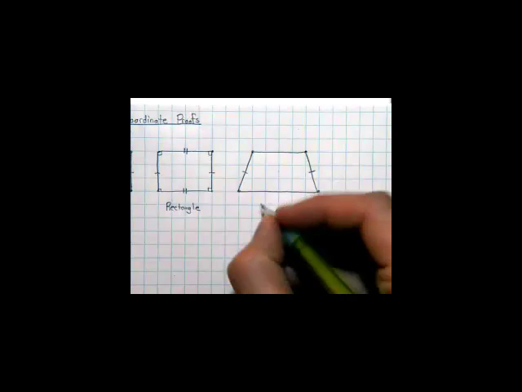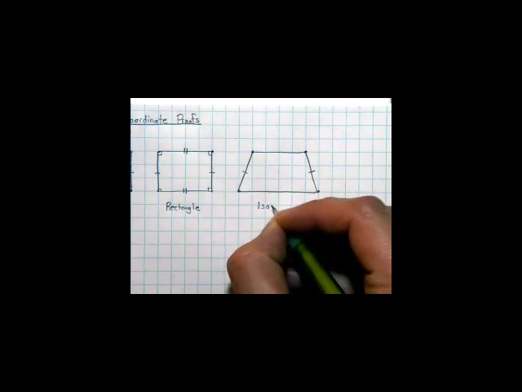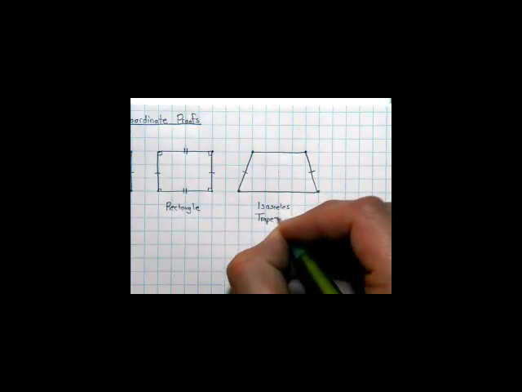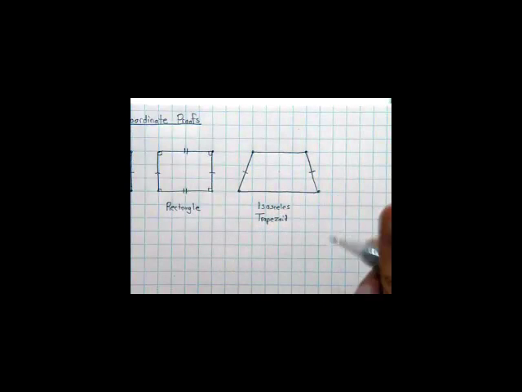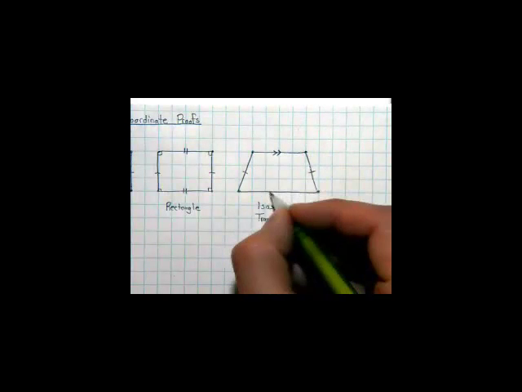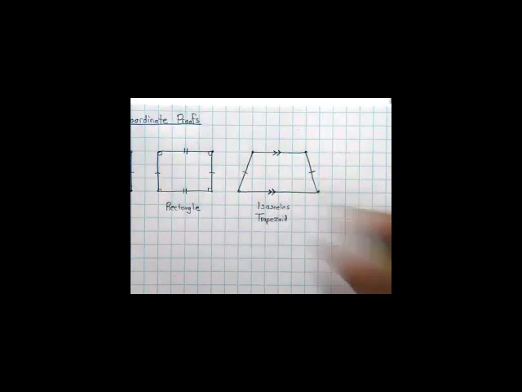In this case it is an isosceles trapezoid. Well, the only thing that you need to be a trapezoid are 2 sides that are parallel. Okay? That's it.